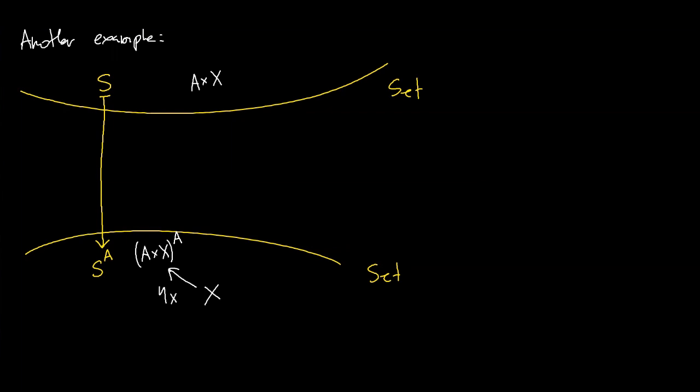Which will have this property of freeness, in the sense that if I took another object S and I mapped it down to its underlying structure, but in this case it's just S to the power A, and I have a function f from X to there, then I should have a unique function here, f bar, that makes this triangle commutative.